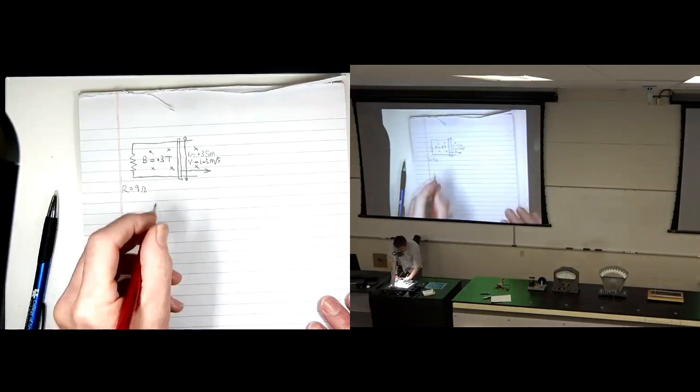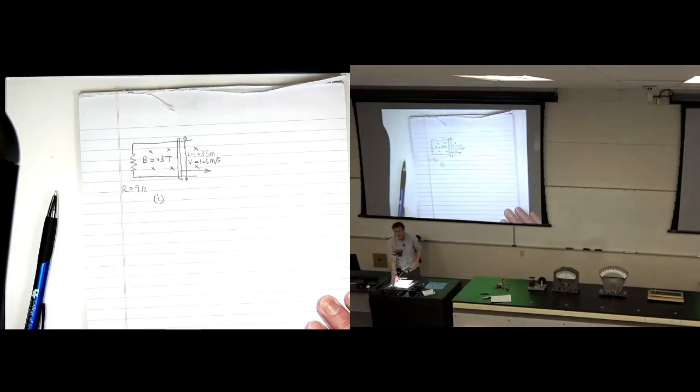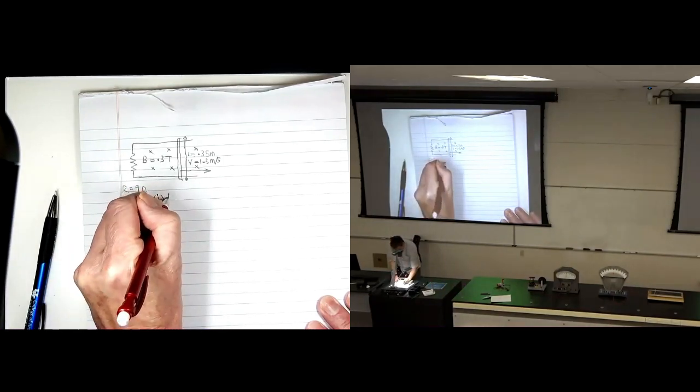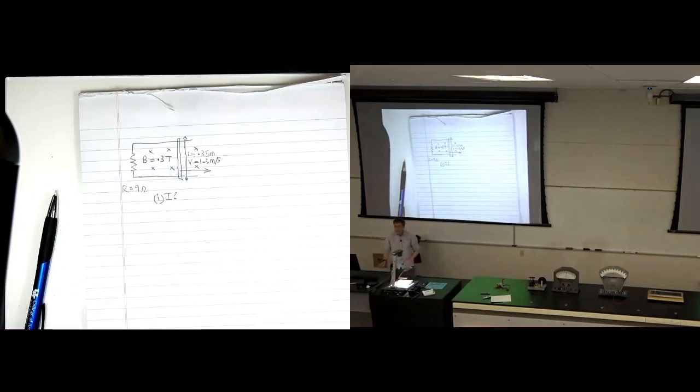So the first question was, what is the induced current in the circuit? I'm going to use two laws of nature to figure out that induced current. One is Ohm's law, for the relationship between the current and the voltage in a resistor.